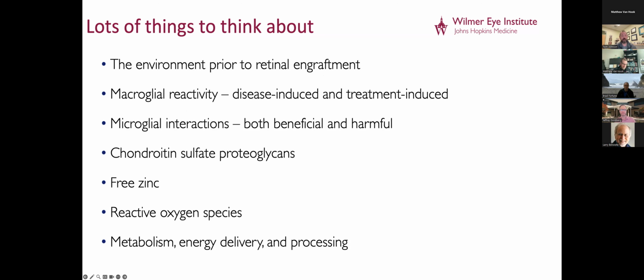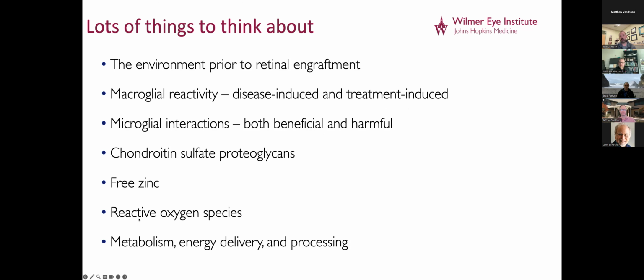Lots of other things people have looked at in the past, macroglial reactivity, and I think that includes both the reactivity of Mueller glia and astrocytes in response to the disease that's going on, and then any intervention on the eye, introduction of new cells, exogenous materials is likely to further modify the phenotype of both the macroglia and the microglia.